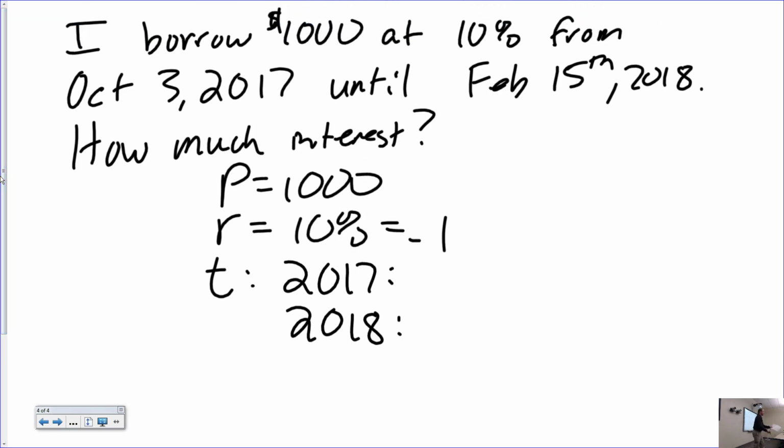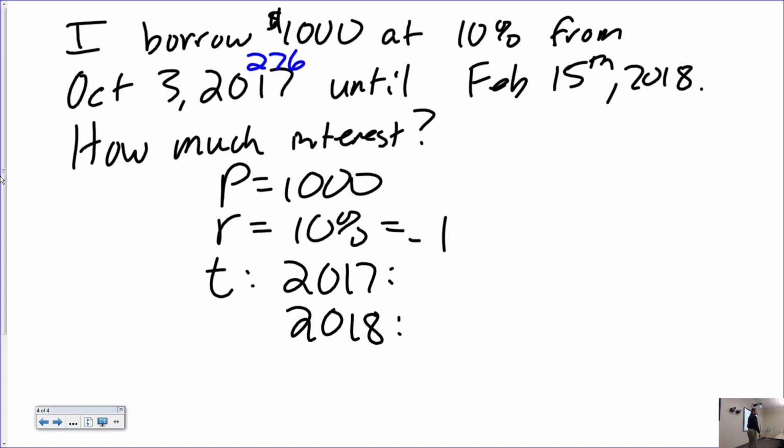So, how many days is it from October 3rd, 2017 until December 31st, 2017? Go to your Julian calendar. October 3rd, what is it? 276? Remember December 31st, what day is that?